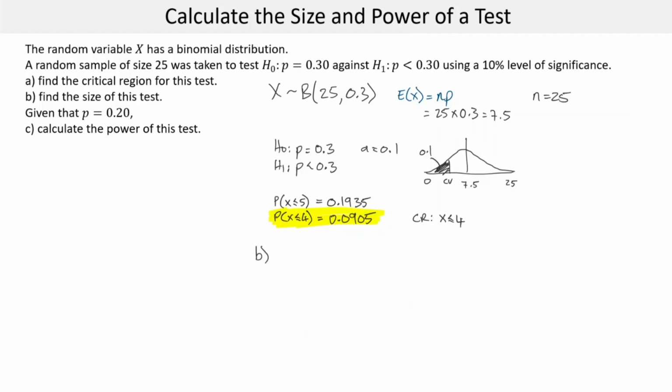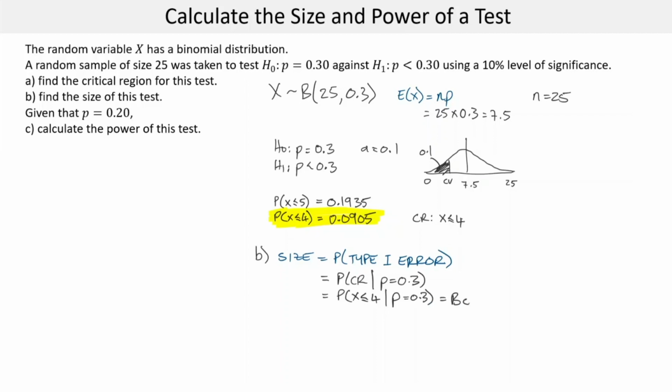We're then asked in part B to find the size of this test. Well, we know the size is the probability of a type 1 error. And we know that a type 1 error is going to be the probability of the critical region using the original parameter. So the critical region is the probability x is less than or equal to 4, and we're going to be using p as 0.3.